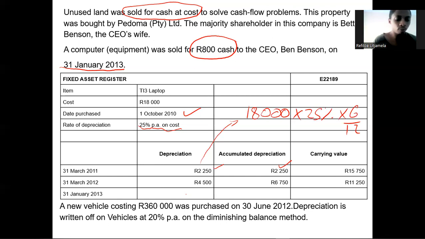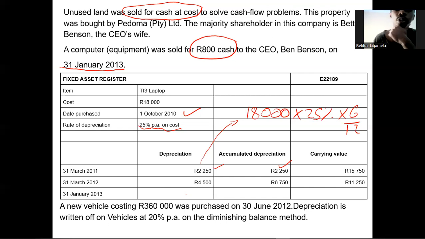Let me just confirm that. It will give you 2,250, because that is the first year of using this asset.